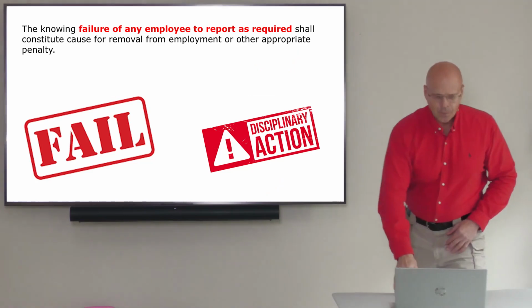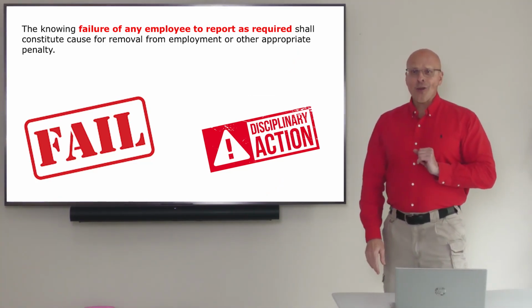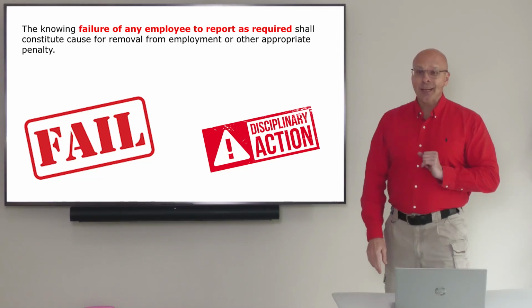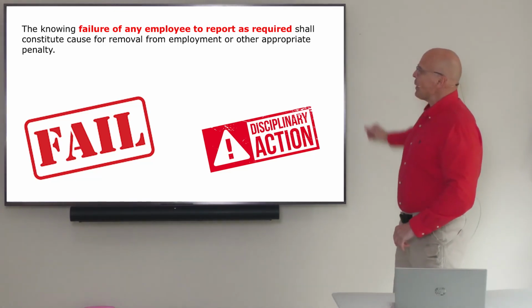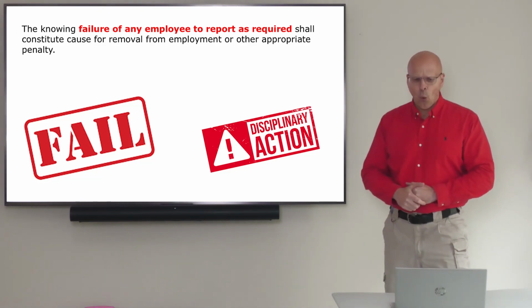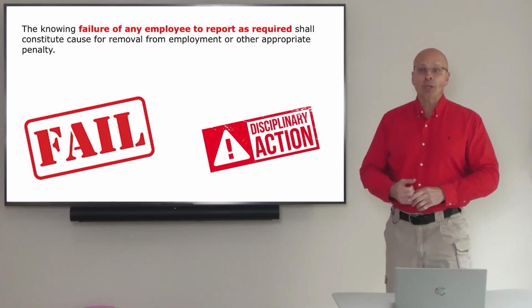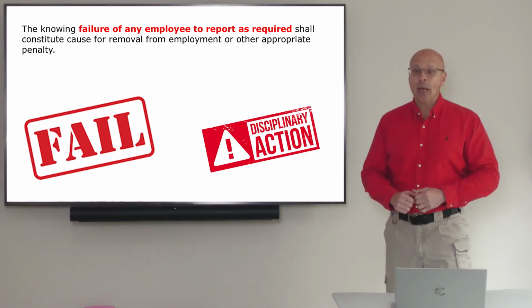Now, if you don't report it, are you going to be subject to disciplinary action, including possibly being fired? You will. The knowing failure of any employee to report as required shall constitute cause for removal from employment or other appropriate penalty, subject to disciplinary action, and possibly being fired.